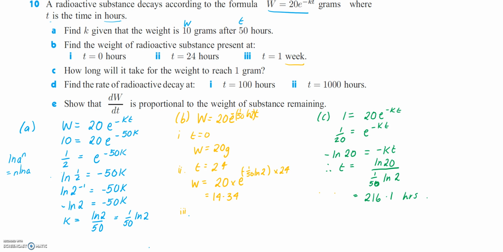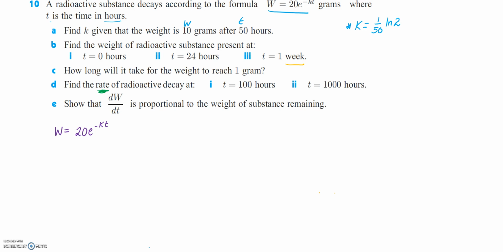Bit worried that we haven't differentiated anything yet, but hello, here it comes. As soon as we see rate, that means we want to differentiate. Right, time to, as we said, differentiate. So we will write that as dw by dt. I've gone back again to the k, and I know k is this value up here, which I can substitute in when I get to that point, but just for working out, I'm going to leave it as k.